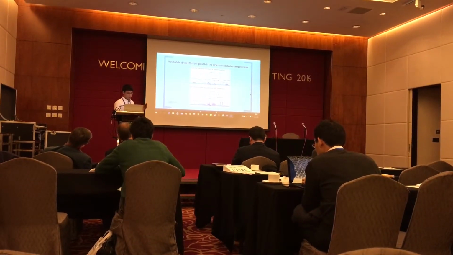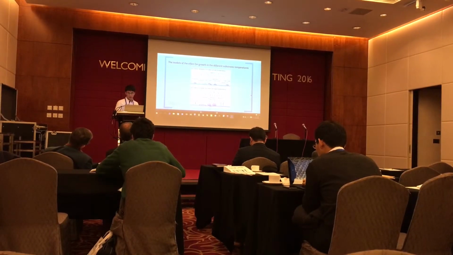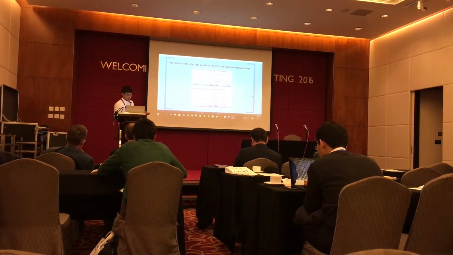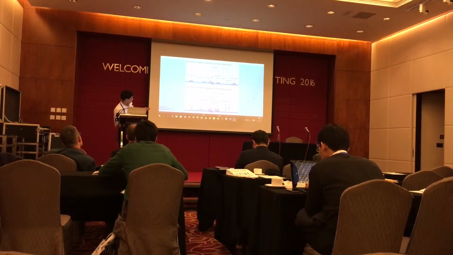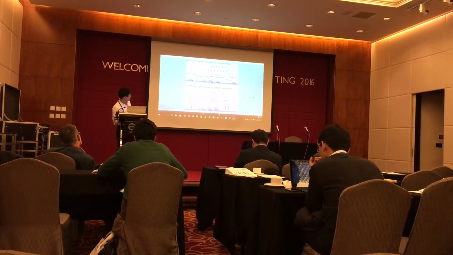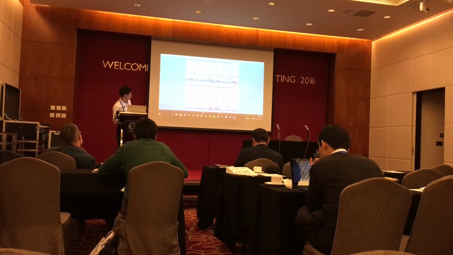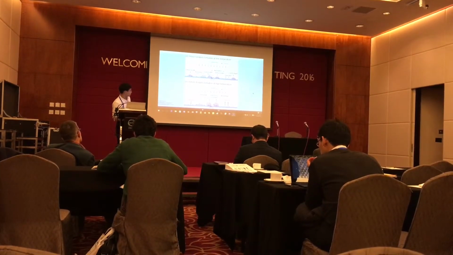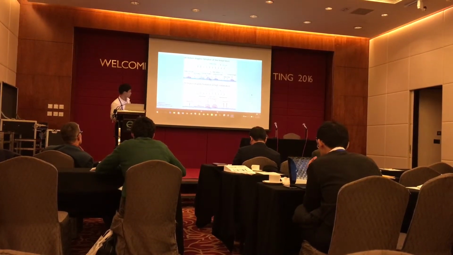The model of the effect on growth at different substrate temperatures. Figure A is indium droplet formation at lower substrate temperature, and figure B is indium droplet formation at higher substrate temperature.